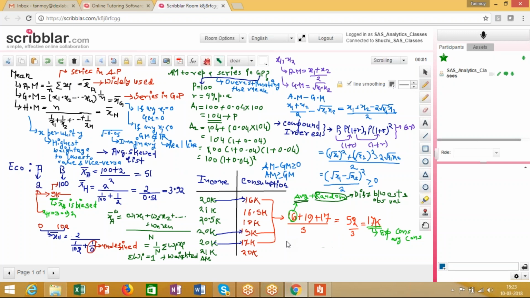So basically, for portfolio PD analysis, this approach of weighted arithmetic mean is used.